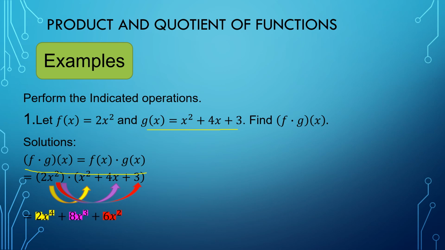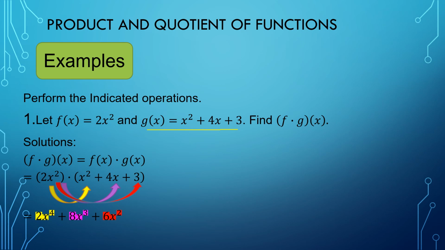So 2x squared, which is the yellow arrow, 2x squared times x squared, that is 2x to the 4. In multiplying expression, we will add the exponent. So again, in multiplying, we will add the exponent of the given variable.